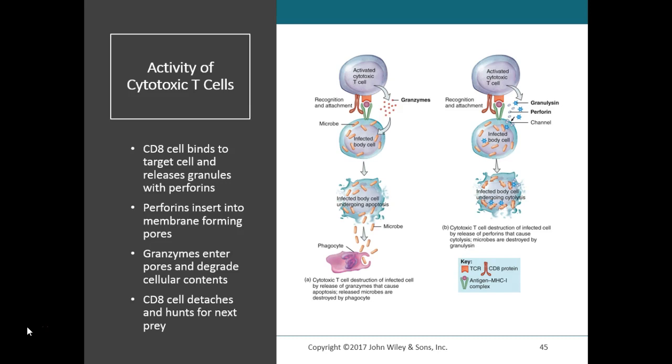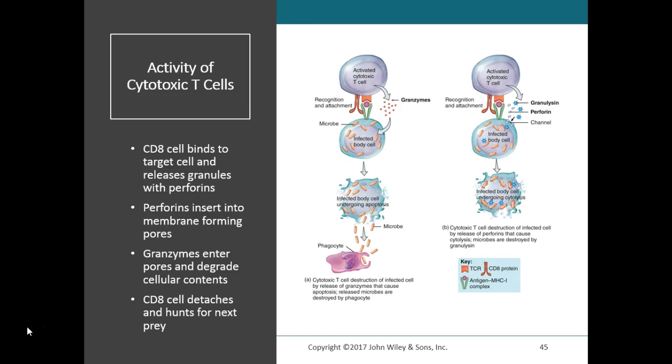They leave the secondary lymphatic organs and tissues and migrate out to destroy infected tissues and cancer cells and transplanted cells. Cytotoxic cells recognize and attach to target cells, and then they deliver a lethal hit that kills that target cell. Cytotoxic T cells have receptors for specific and very particular microbes, and so they only kill the target body cells that are infected with one particular type of microbe.